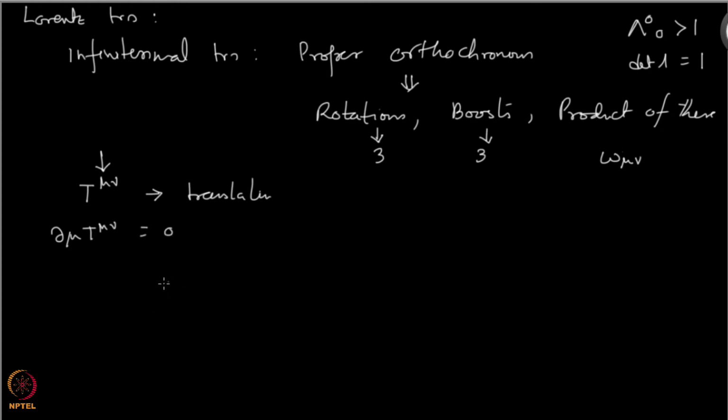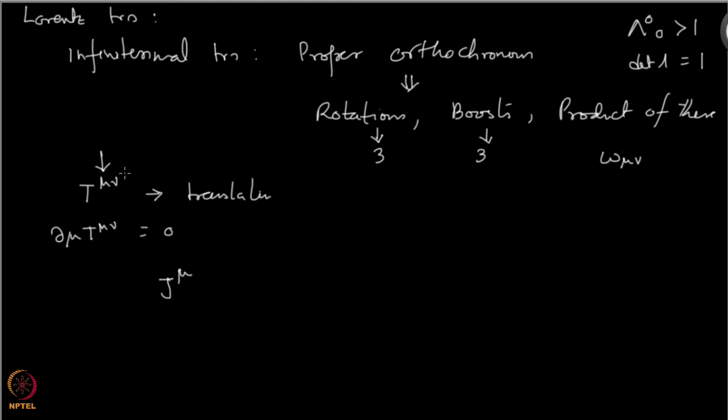So I should have some object, let me write J for a while. I should get some current J mu for each of the Lorentz transformations, and there are 6 of them, and they are parameterized by omega mu nu. So you can choose different values of mu and nu, and the omega will give you the transformation parameters.